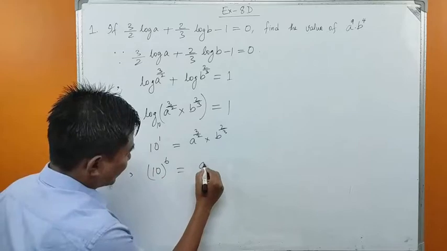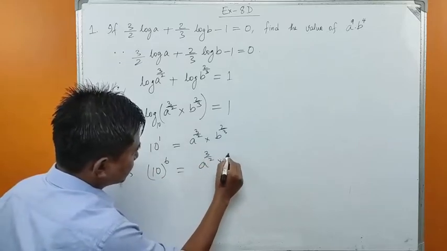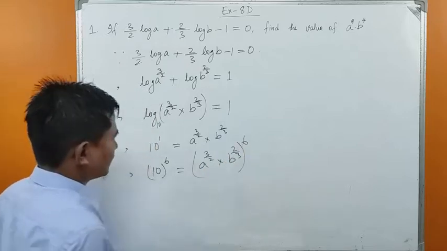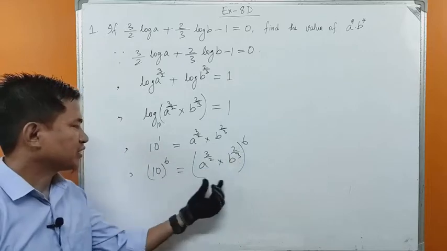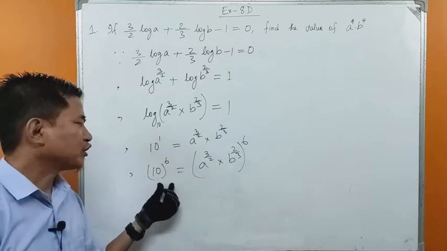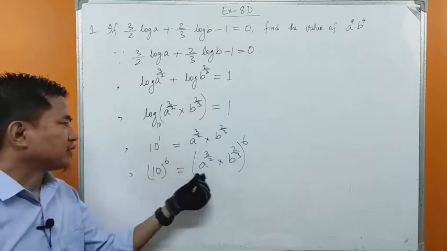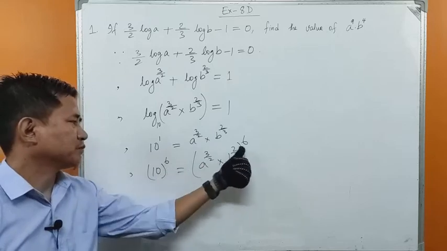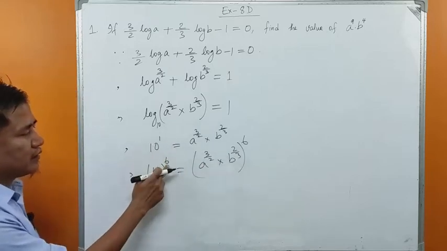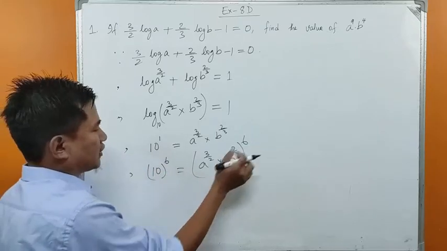a to the power 3 upon 2 into b to the power 2 upon 3, whole to the power 6. I am putting power 6 on both sides of this equation. We can do this, we can square both sides, we can cube both sides. So we can put power 6 on both sides. This 10 to the power 1 means 10. I am putting power 6 here on the left hand side and on the right hand side as well.